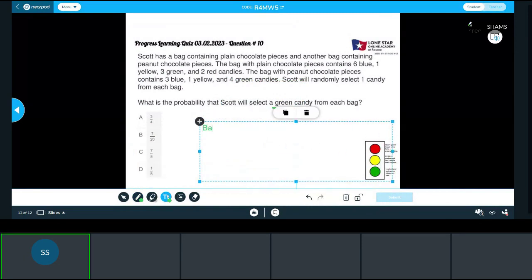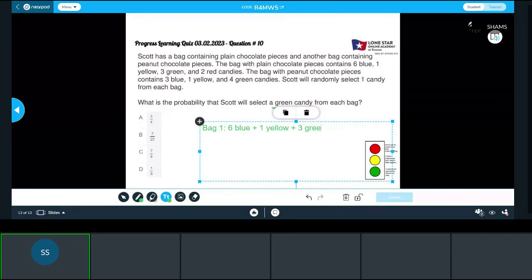So, bag 1 has 6 blue plus 1 yellow plus 3 green plus 2 red. Altogether, these are 7, 10, 12, 12 pieces.